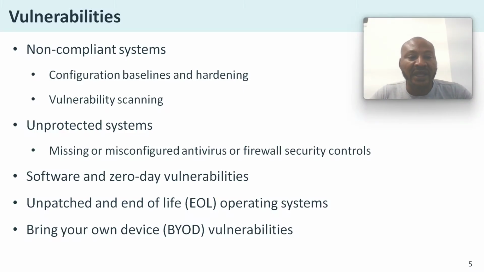Right, good. Then we also have what we call unpatched and end-of-life operating systems. Most of us are aware of Windows Update, right? Very important. One of the common things we have to do with our system is install updates.